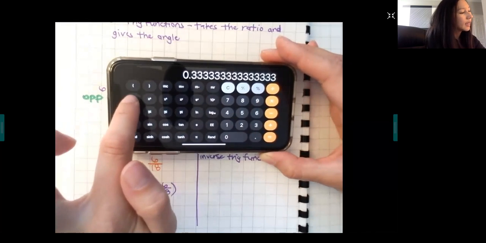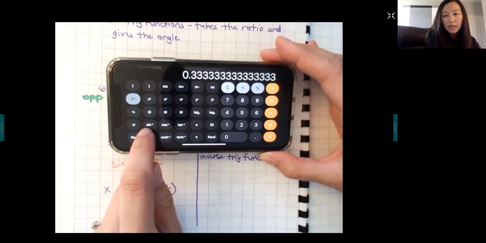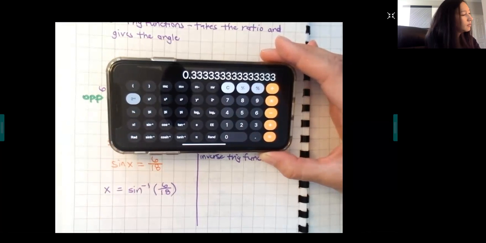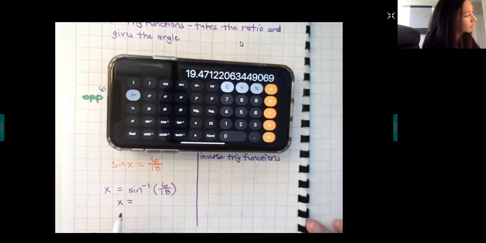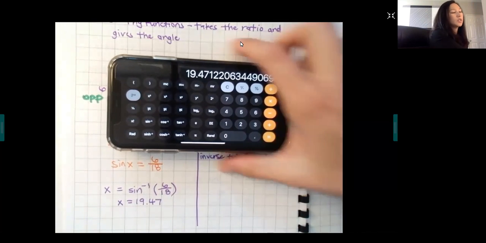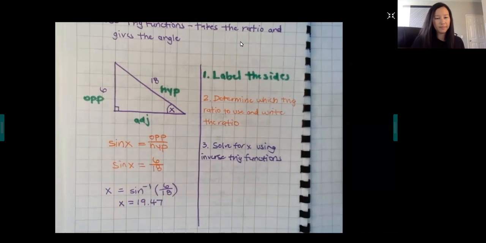So you're going to hit the second button, and then you'll see that now the inverse buttons pop up. So then we're going to take the inverse sine of that, and it is 19.47. So that tells us that this angle right here is 19.47.